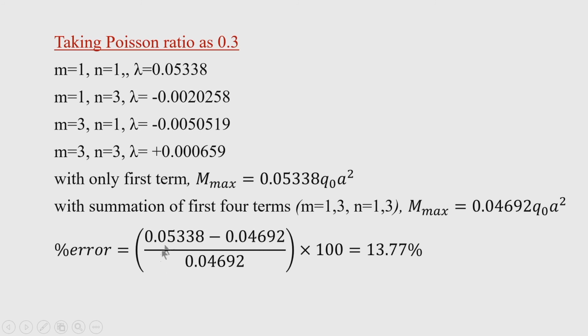So, the percentage difference you can see here is 13.77%. That means the percentage error in bending moment is higher compared to deflection in Navier's method. So, more terms are needed to improve the accuracy.